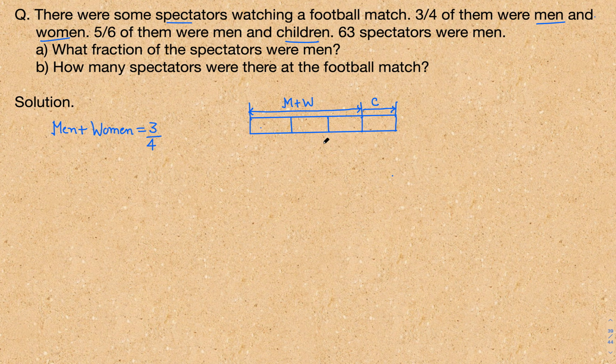So far this is what we got after reading the statement, 3 by 4 of them were men and women. Now let's read the next statement, which says 5 by 6 of them were men and children. That means the same number of spectators, if you divide it into 6 equal parts, 5 parts of it are men and children together.